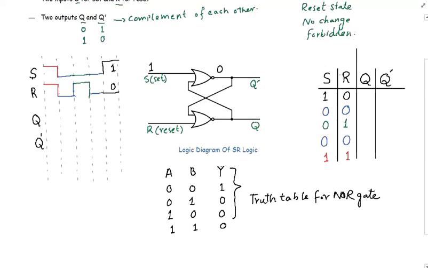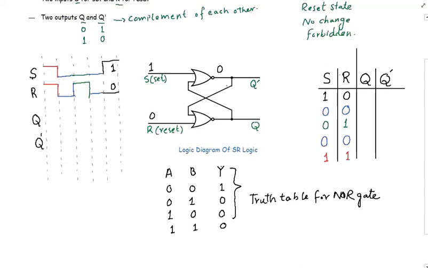So we will be looking into this truth table to find the relevant outputs. If we have a 1 or the higher signal applied at this input and a 0 signal applied at this input, we get a 0 at this output.